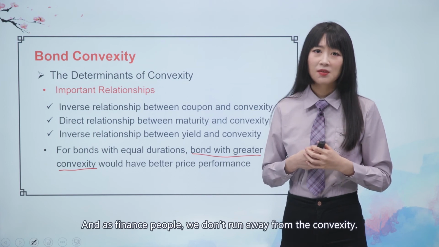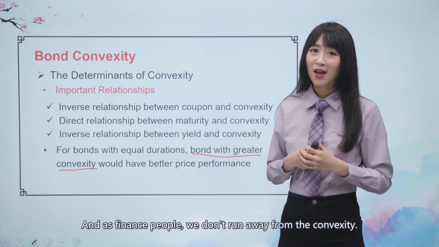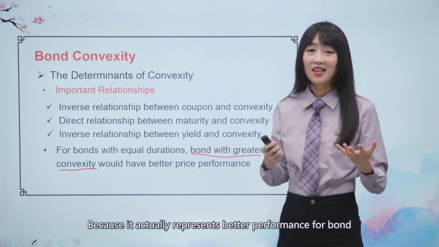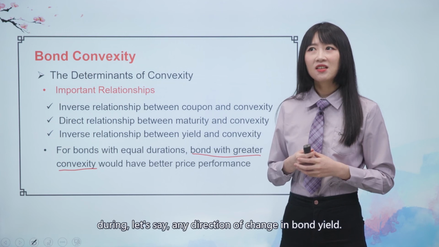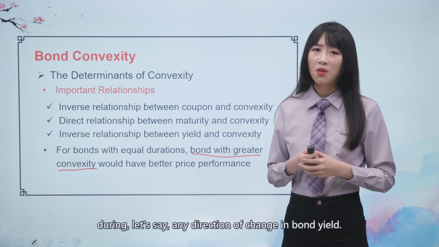These are the features of a bond's convexity that we need to keep in mind. And as finance people, we don't run away from convexity because it actually represents better performance for a bond during any direction of change in bond yield.